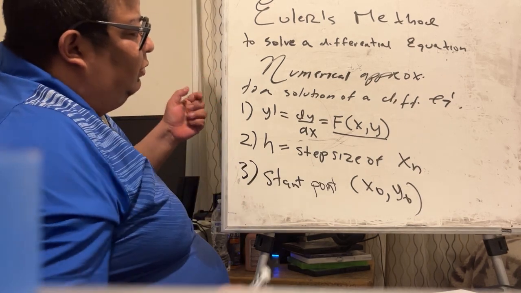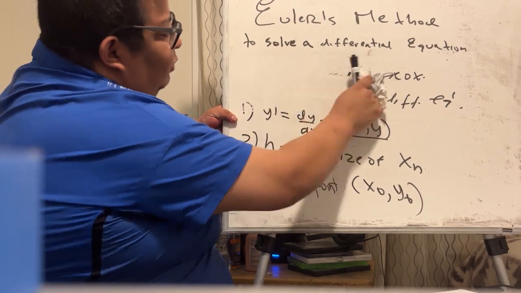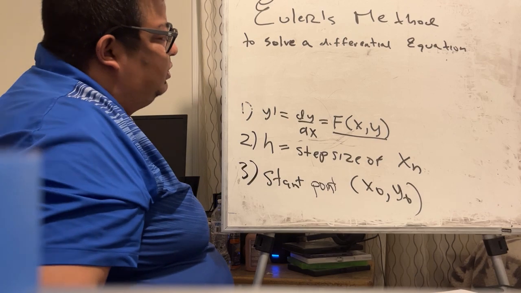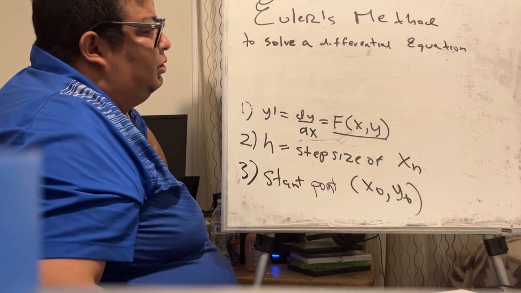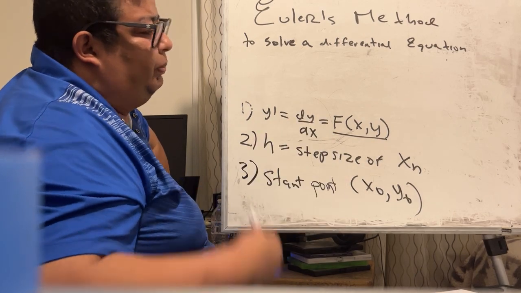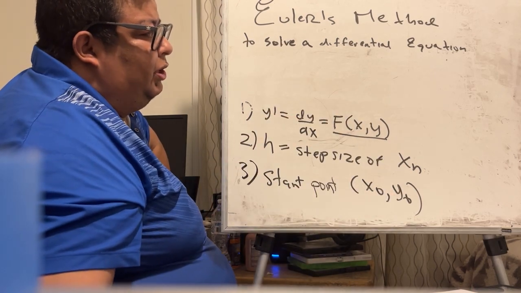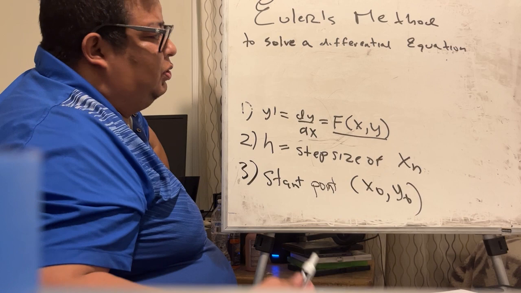Since this is a numerical approximation, each iteration is based on the previous iteration, your previous xn minus 1 and your previous yn minus 1.